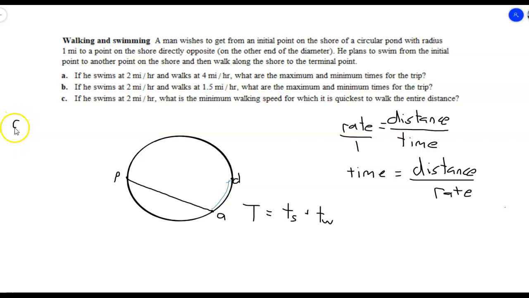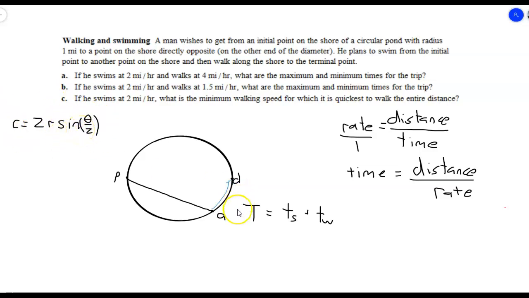We'll call it C. The chord length is equal to, and the one I'm going to use here is, 2 times the radius times the sine of theta over 2, where theta is the central angle. Now there's another one that is 2 times the square root of the radius squared minus the diameter squared. I'll show you in a second why I'm using this one.